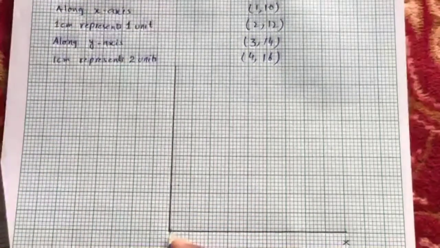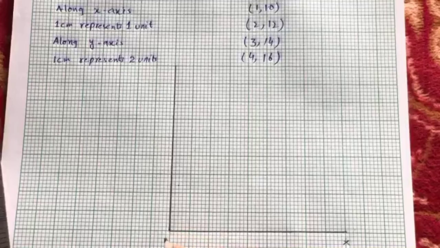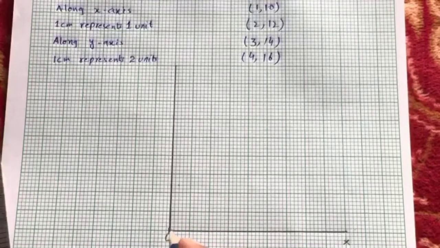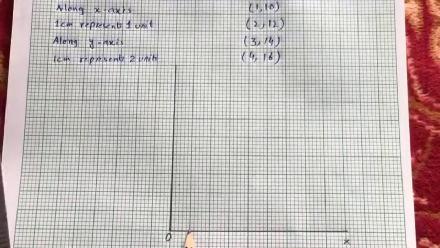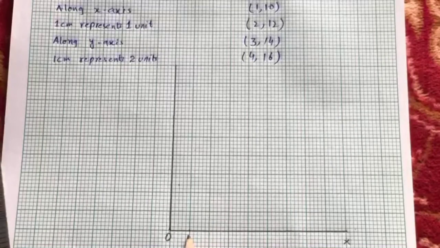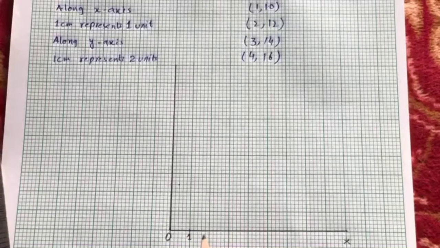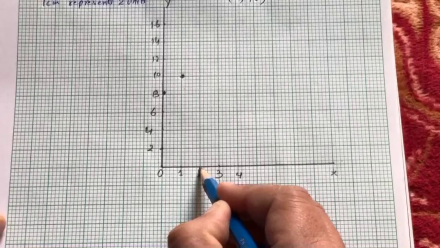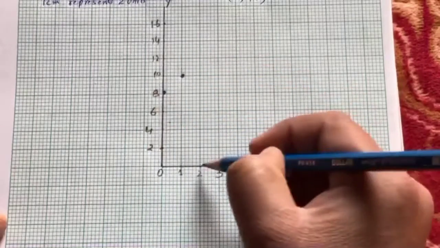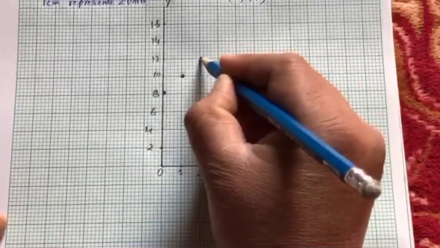Where these two lines meet is called the origin. Here we give it the name 0, and it represents 1 centimeter, so it represents 1 unit. In the x-axis we have values 0 to 4. The second point is 2 and the value of y, which is 12. So these 2 points meet at this point.